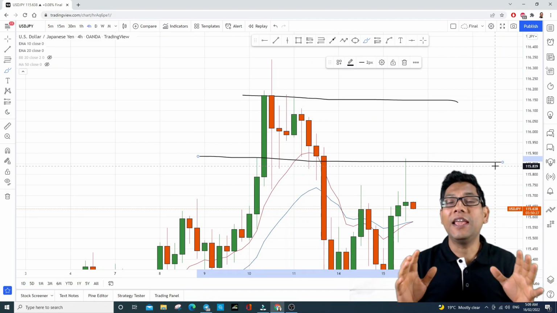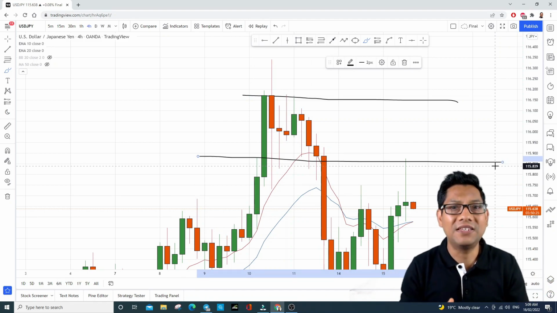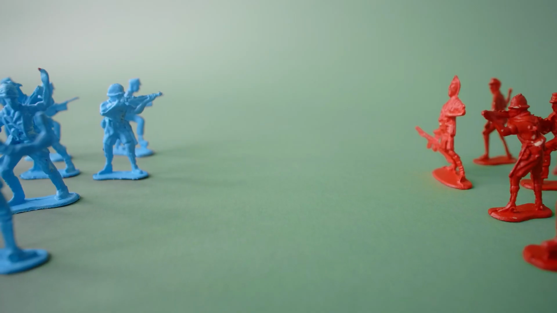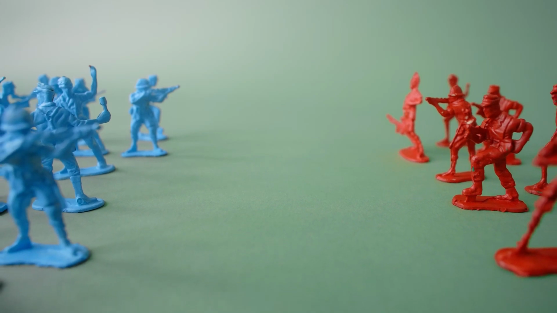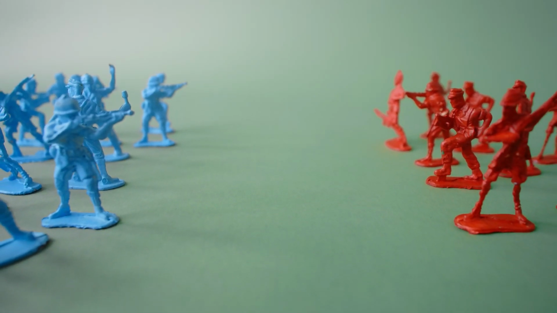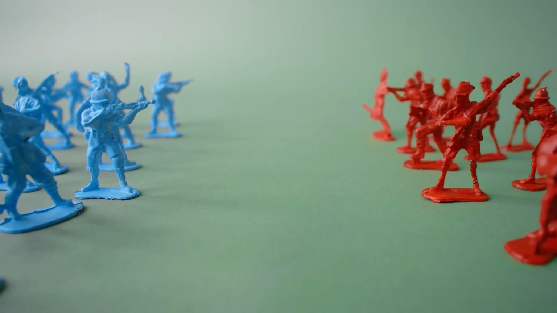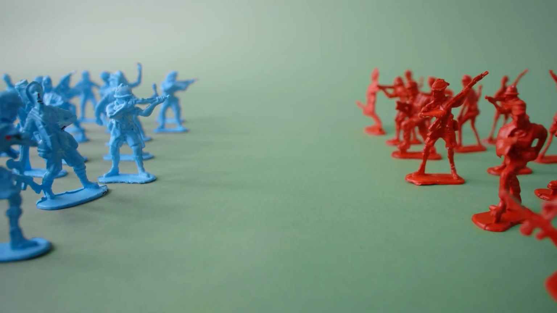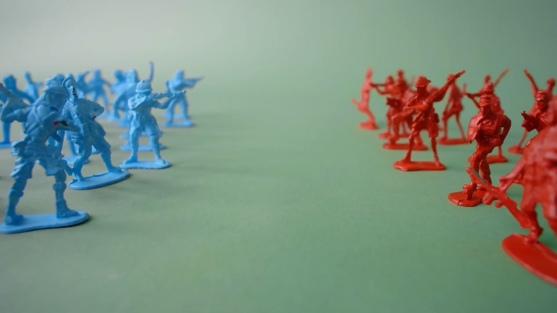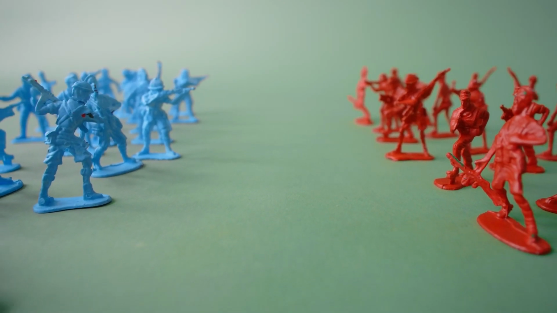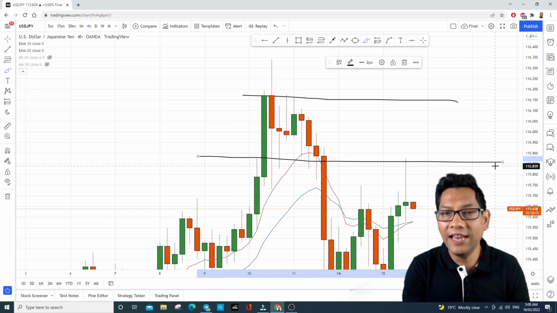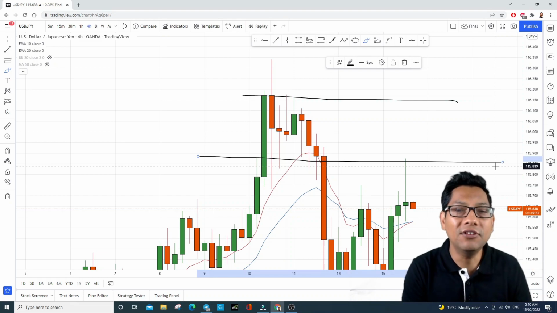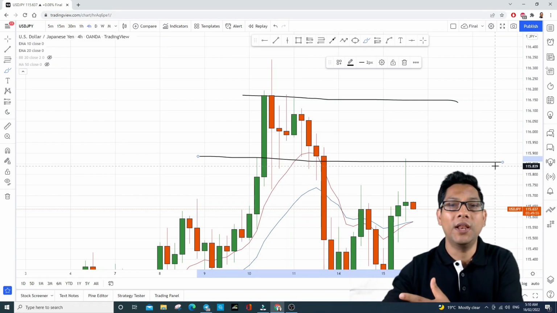Remember, trading is all about the battle between the buyers and sellers. You need to imagine, not candles, but who is in this zone, who is in this territory. It's like you are in a battleground. Say you belong to the team wearing green dress, and their team is wearing red dress.